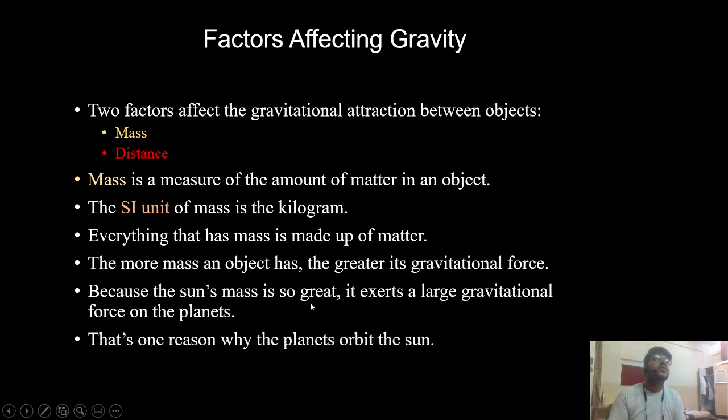If it was a small kind of object, then the force would have been less. But the sun is so big, a gas balloon of helium and other ions. Because of this large size, its amount of matter is more, so the force is so much more that it attracts all the planets. That is one reason why the planets orbit the sun.